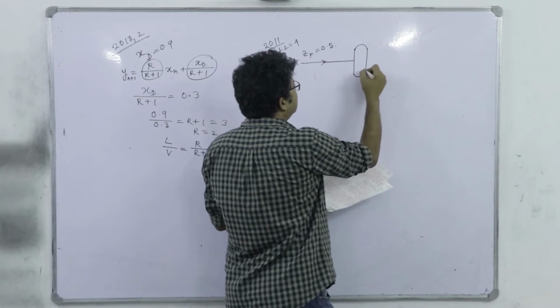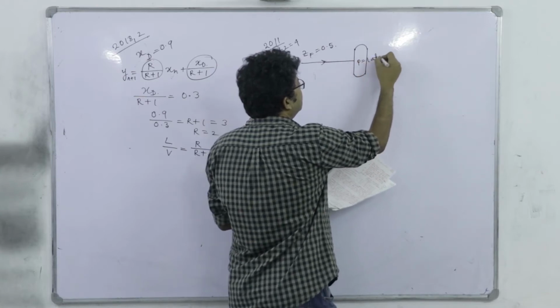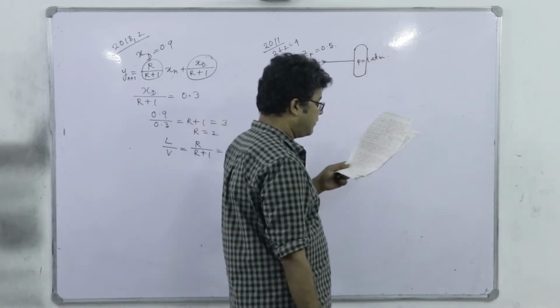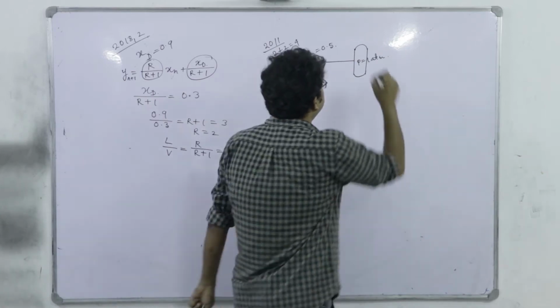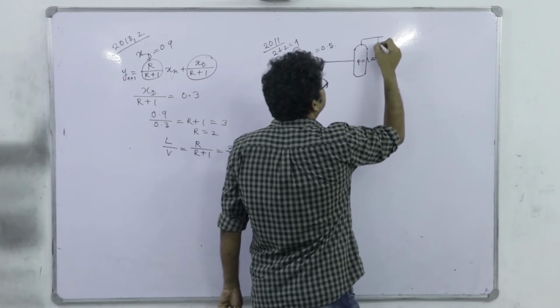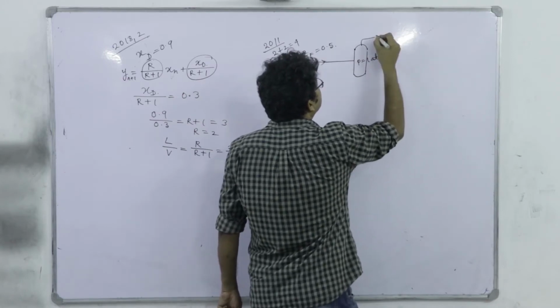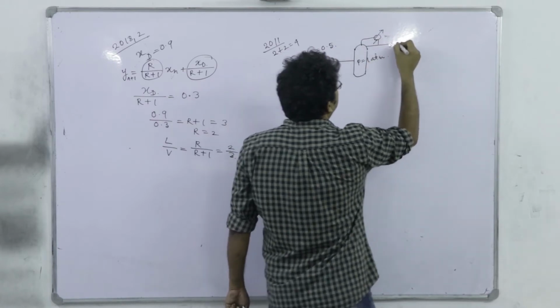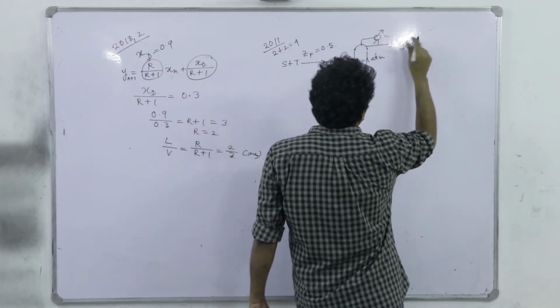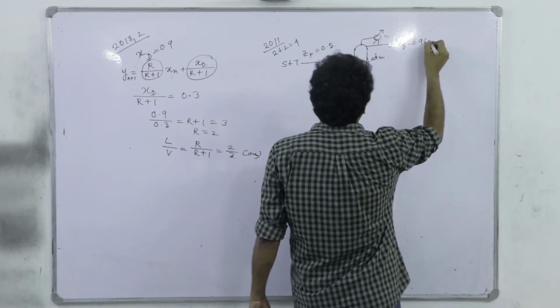The distillate contains 96 mole percent S, so xD equal to 0.96.